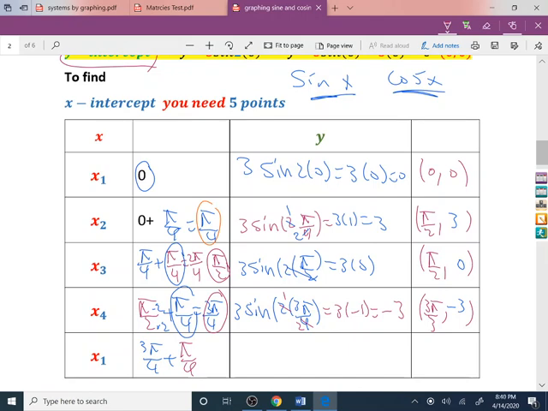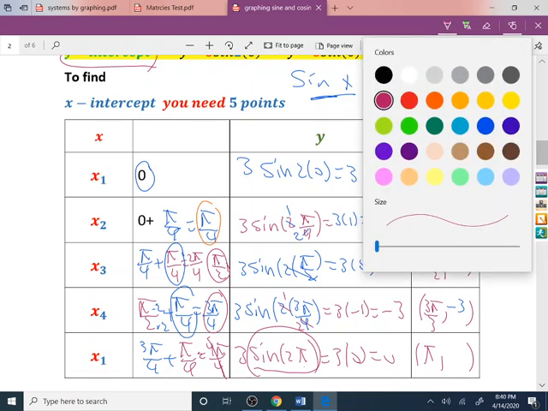Now 3 pi plus pi, 4 pi over 4 is only pi. Then plug the pi here, 3 sine 2 times pi, and this equals 0. Sine 2 pi equals 0. Then I have 0.